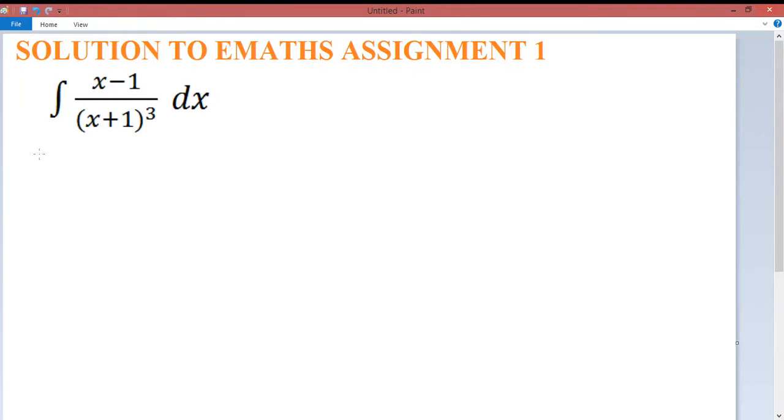As usual, our u will be equal to x plus 1, or du dx equal to 1, making dx the subject means dx is equal to du.